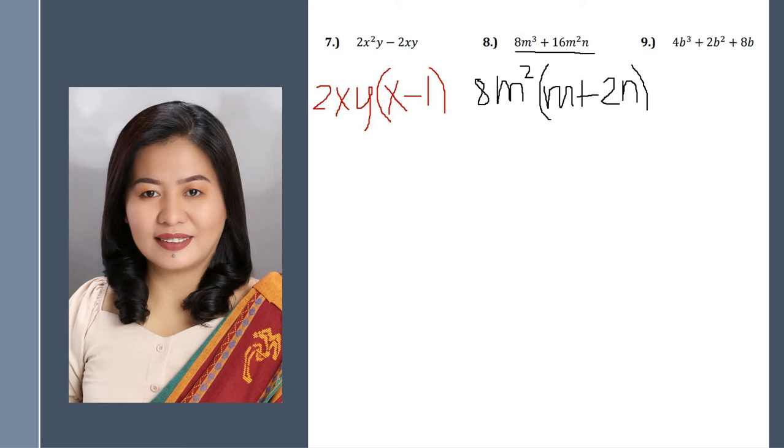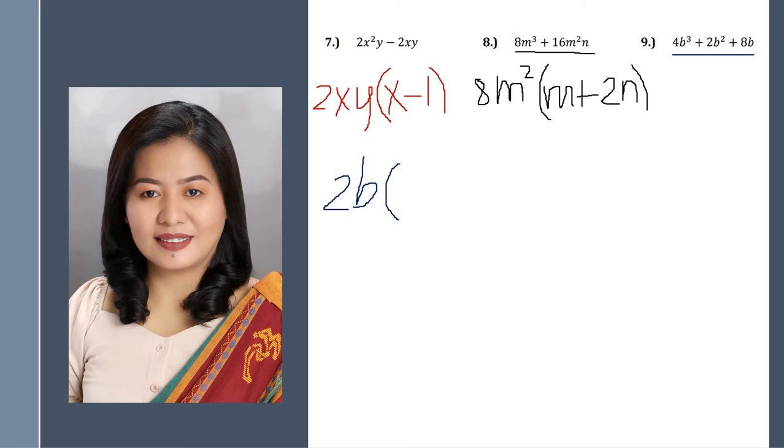Okay, so we will have the last number 9 in this slide. I'll be writing it below because I don't have space. So we have 4b cubed plus 2b squared plus 8b. Our common factor will be 2. And for the literal coefficient, the smallest exponent of b is 1. So that will be our common factor.